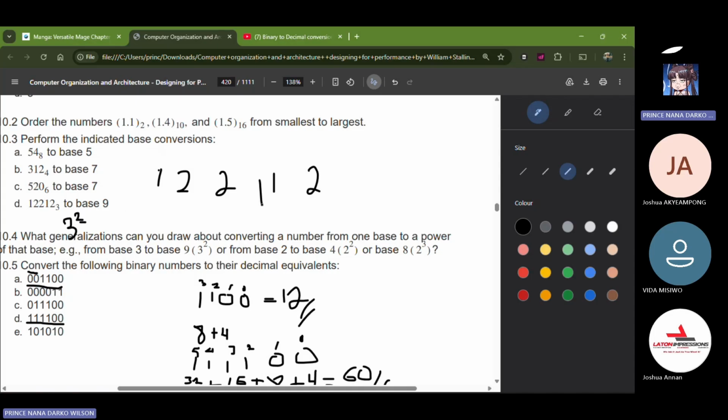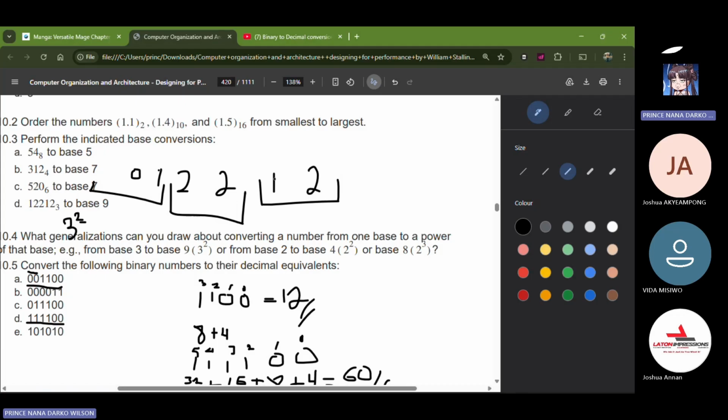So I form groups of 2 like this to force them to be in base 9. This guy is a standalone, so we add a 0 to it. Now we can convert each one into its base 9 equivalent.